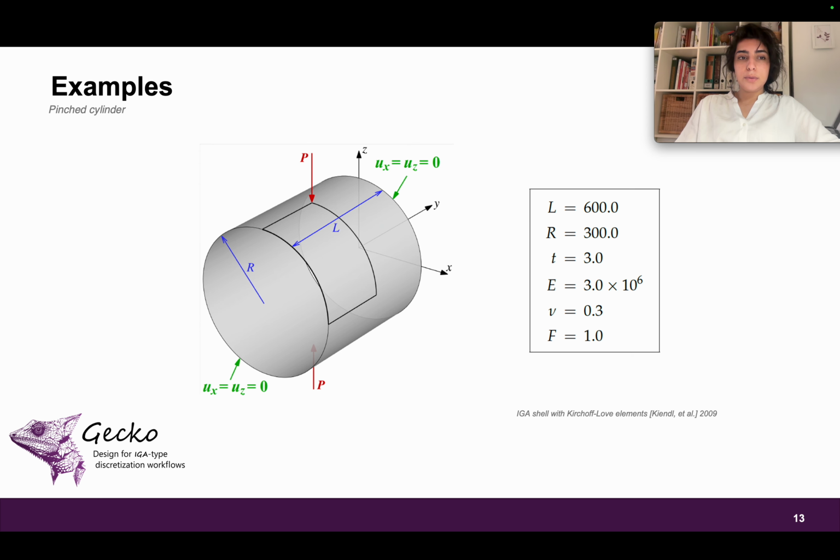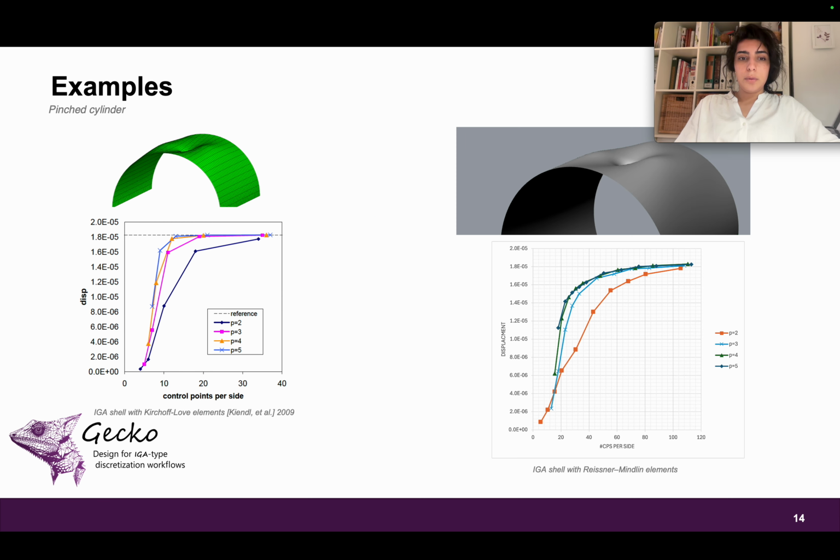So we continue to a pinched cylinder, and in this case we see that we're obtaining very similar behavior as well with the Kirchhoff-Love element formulation. My reference value is 1.8 to the power of minus 5.